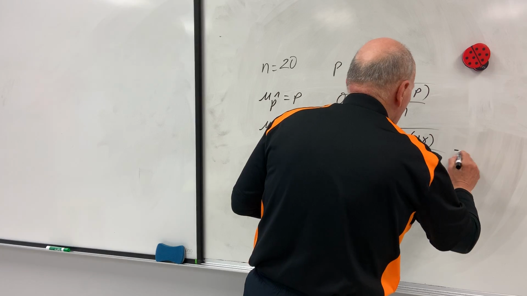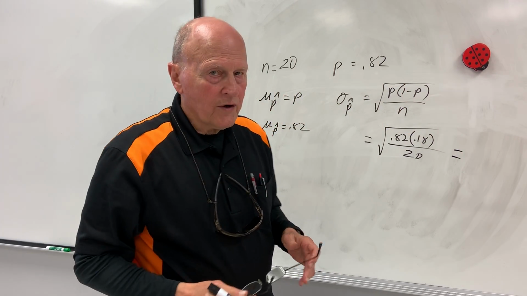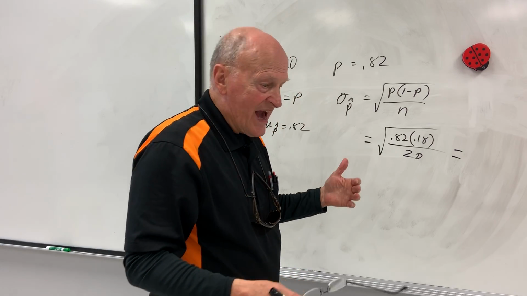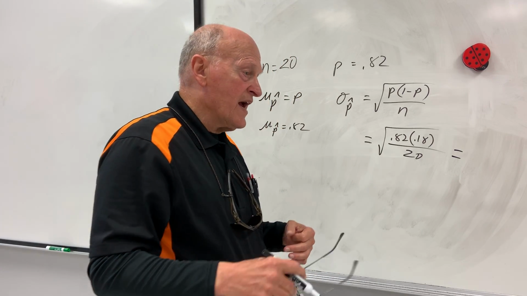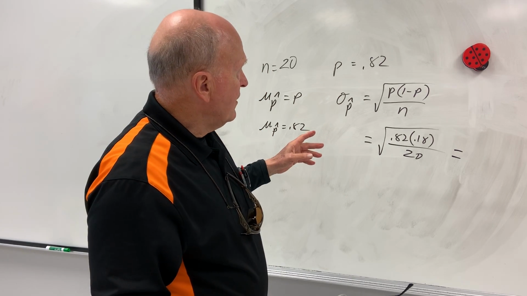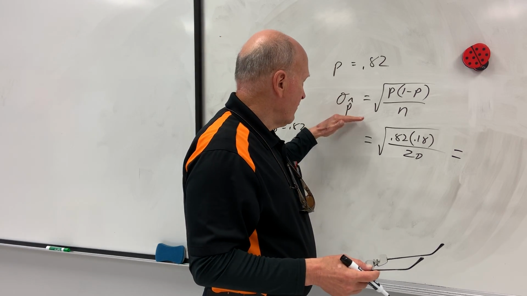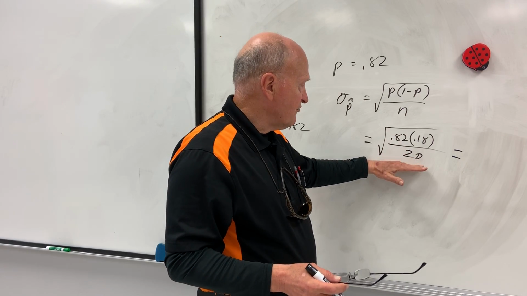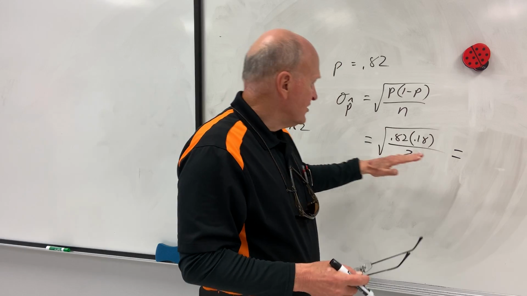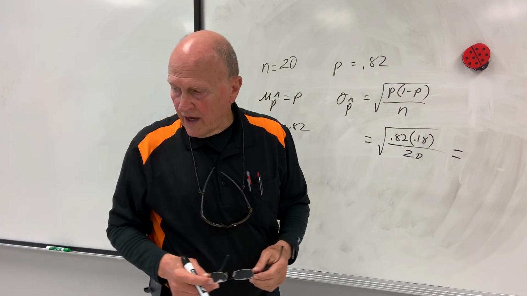When we start working these problems and we're finding the probability that p hat is less than 0.6 or p hat is greater than 0.85 or something to that effect, we're going to plug this in for the standard deviation of p hat, and not the answer that we're going to get now. But they're asking for this, and they want us to go ahead and work it out.